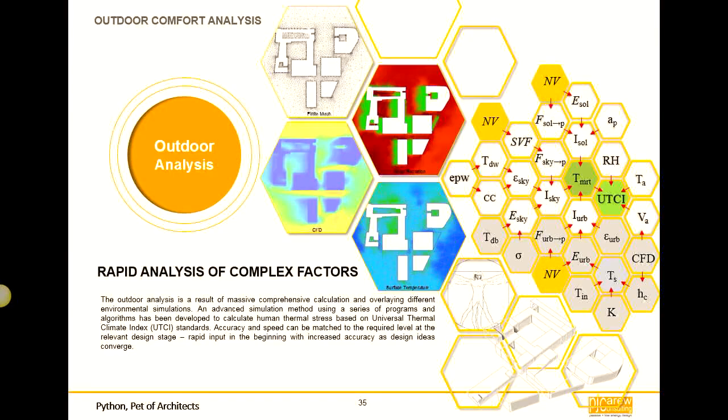We can save lots of energy, we can make people socialize, and there are lots of benefits. Recently, we presented our methodology at a conference in Los Angeles, and we got the Best Paper Research Award.